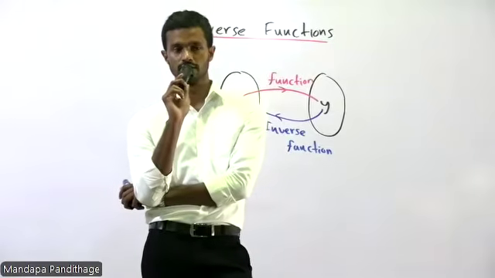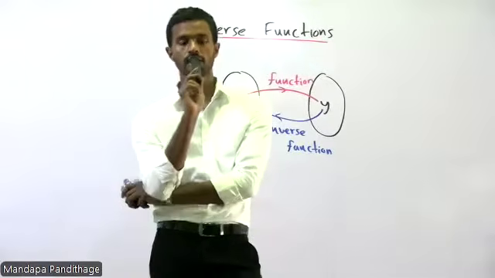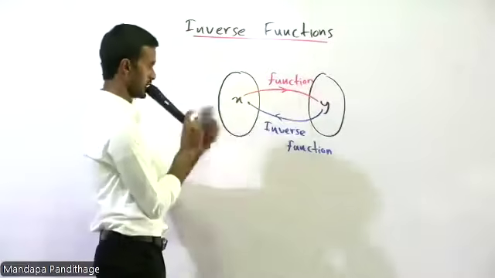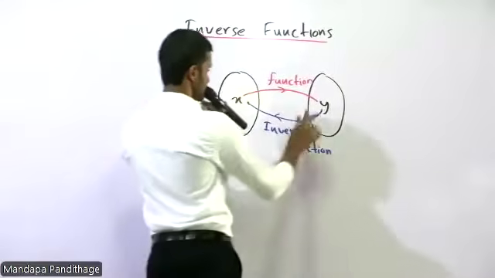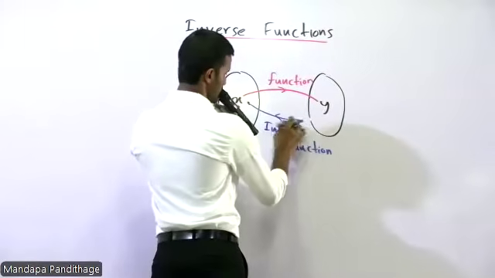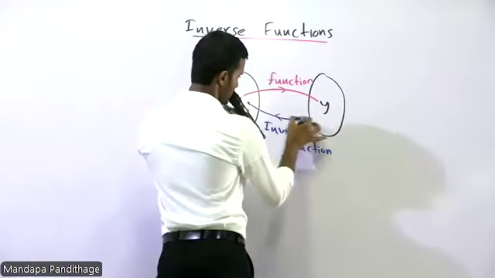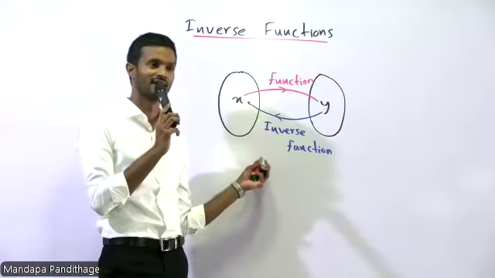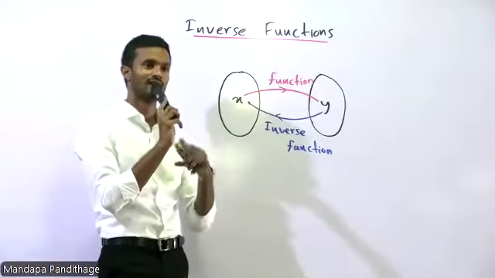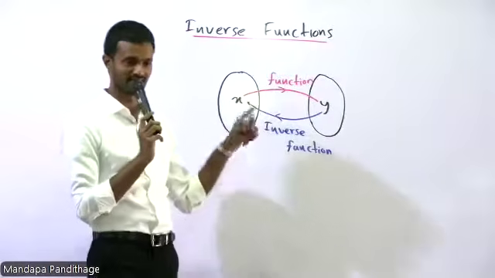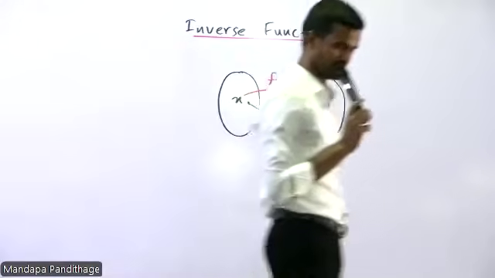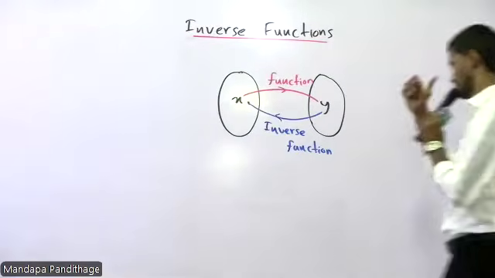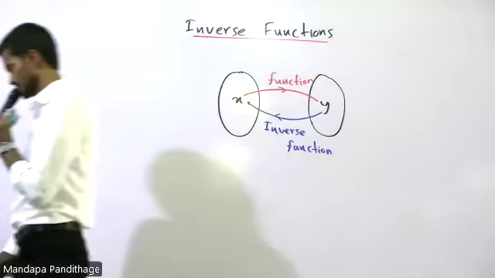Then draw this diagram where we have the function and this is the inverse function. So the function goes from x to y, and then the inverse function comes from y to x.